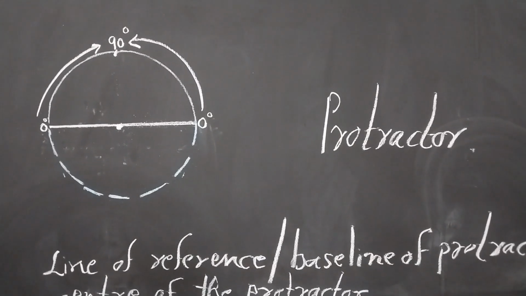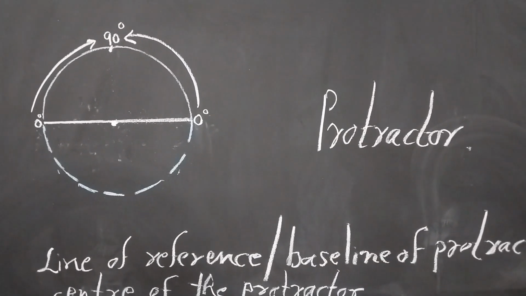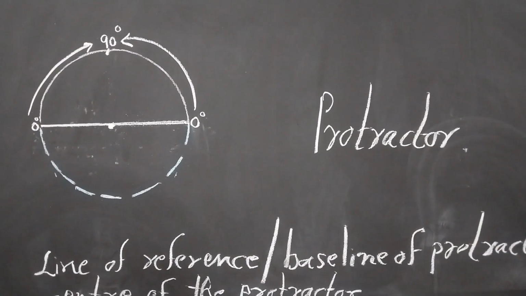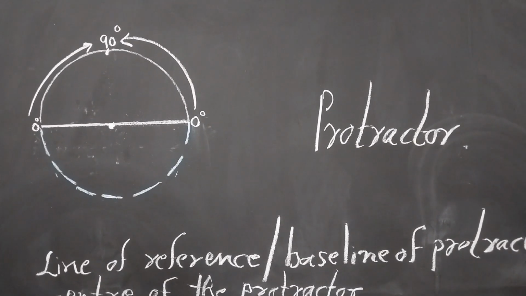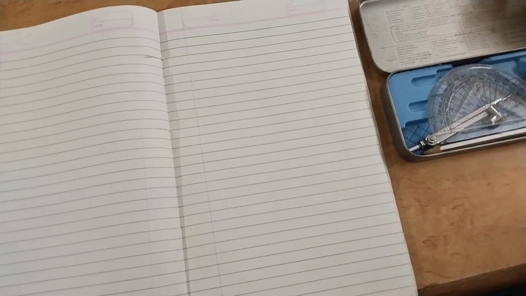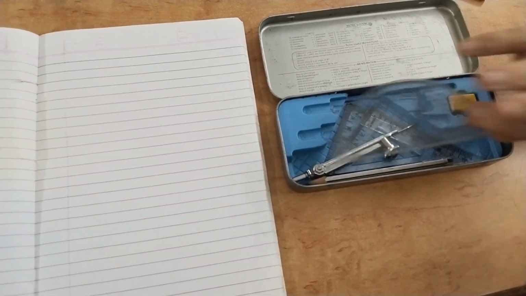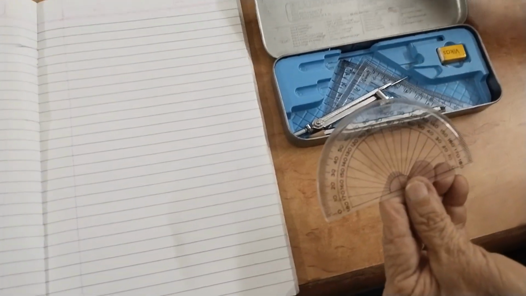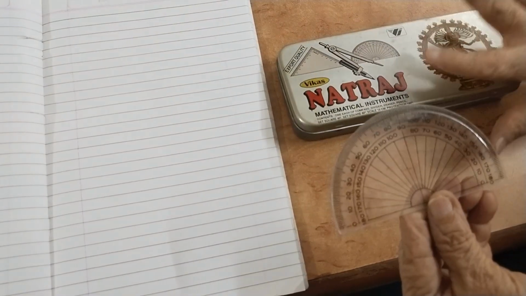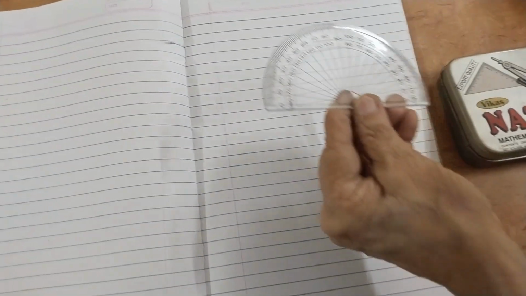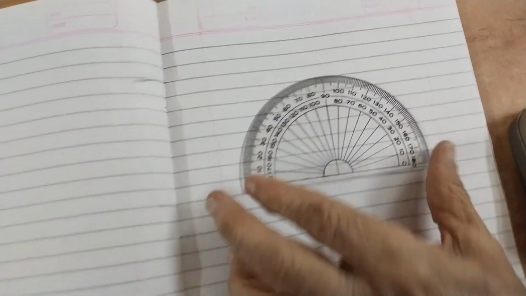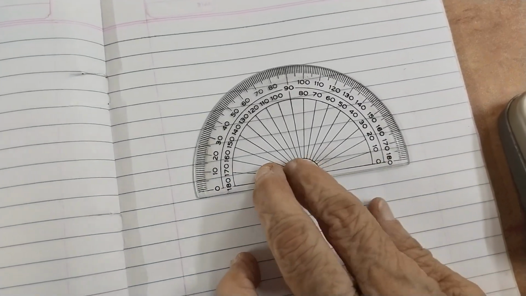Now I will show the same thing to you from the students' compass box. So here is an instrument, protractor, which I am taking out from a compass box made for the students. Here the protractor is semicircular as you see.